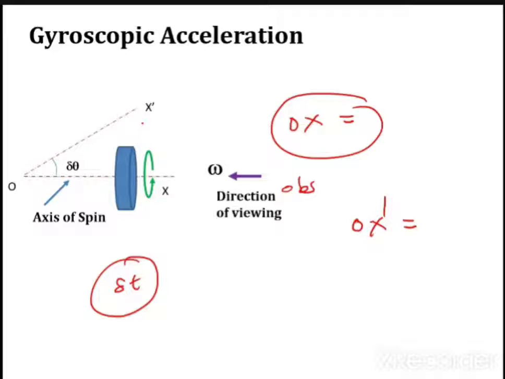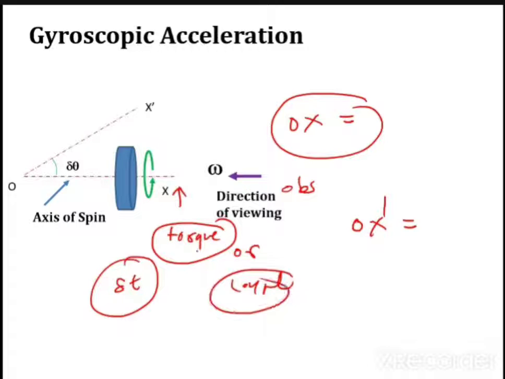Basically, how did it happen? Obviously, you might logically understand that you have to apply some torque or some couple. This torque or couple which you are applying is called the applied torque or couple.